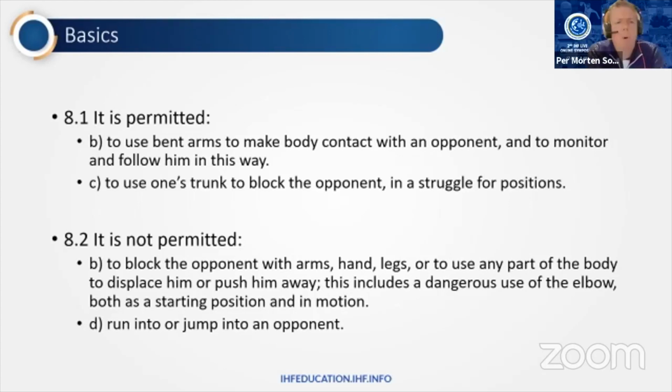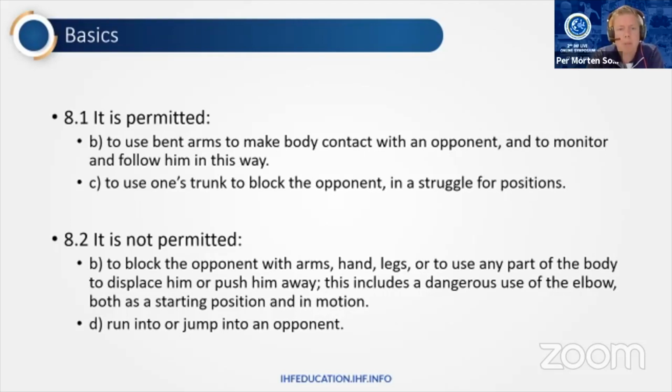So if we go to the core, which is the rule book, for a defender, or it might also be an attacker, when it comes to physical contact, it is permitted to use the bent arms to make an opponent, or to control an opponent, and to monitor and follow him in this way.